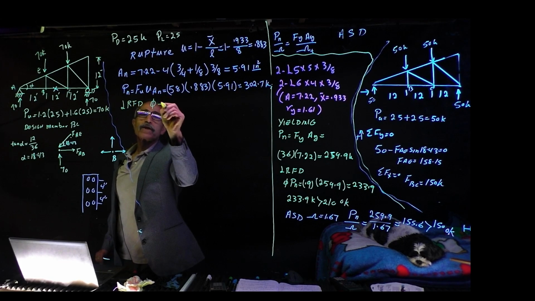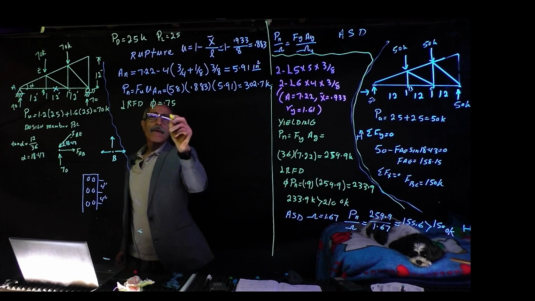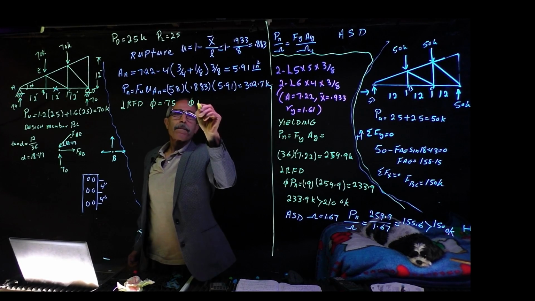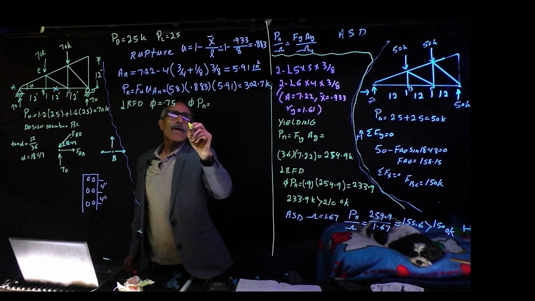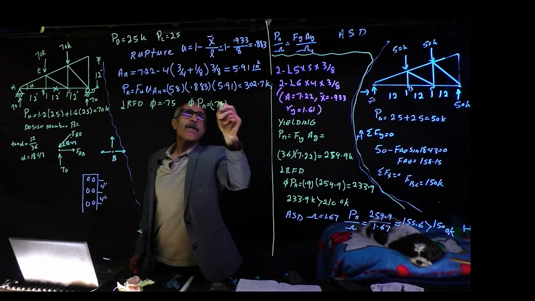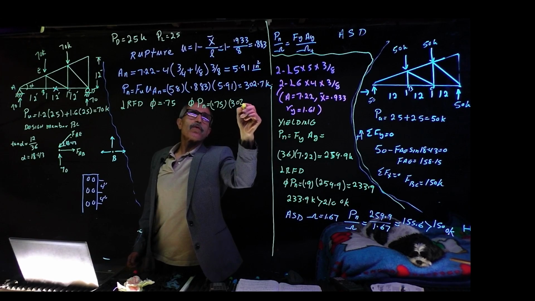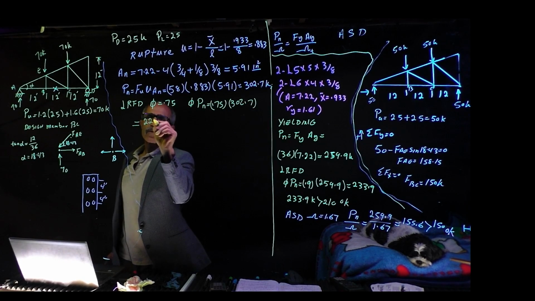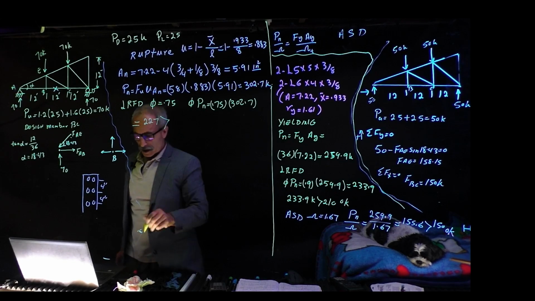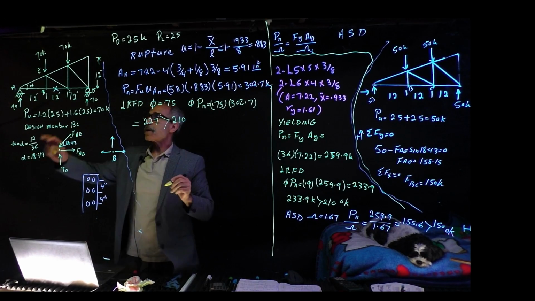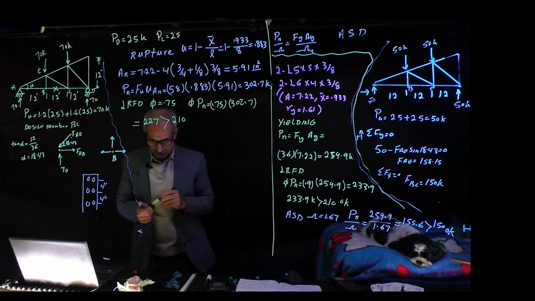Phi for rupture is 0.75. And phi times Pn is equal 0.75 times 302.7, which is equal to 227, and that's bigger than 210, which is this number in load resistance factor design.